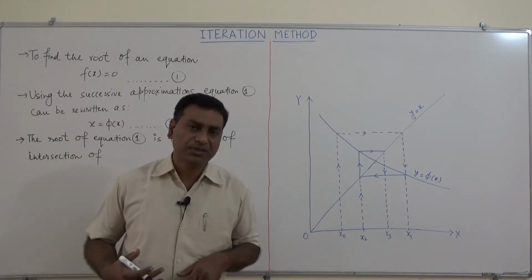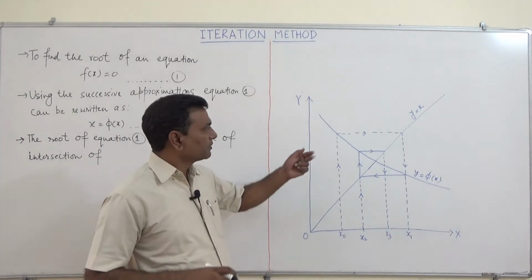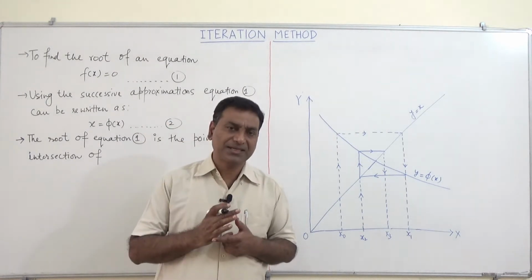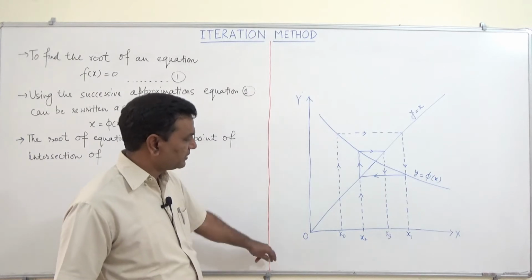The desired root is the intersection between two lines, one is a straight line and the second is a curve.